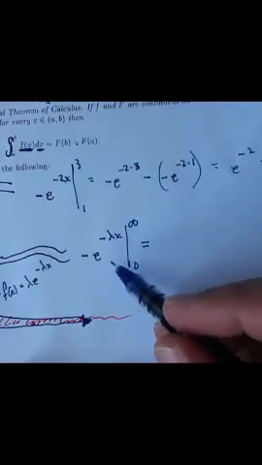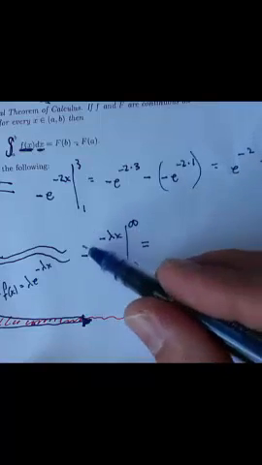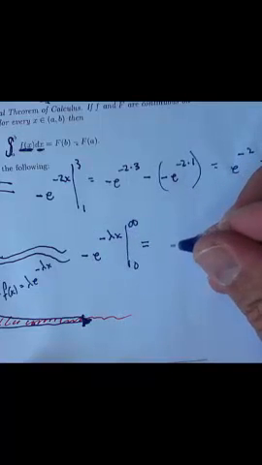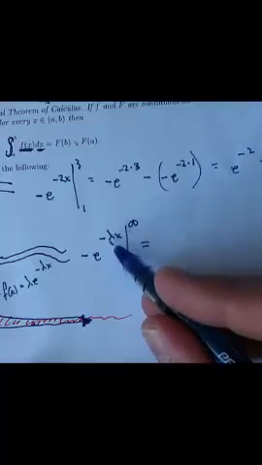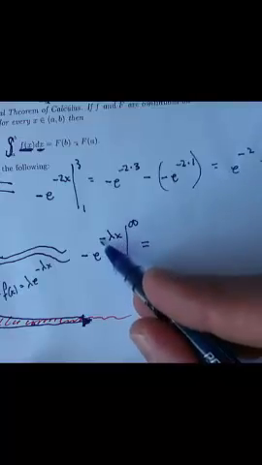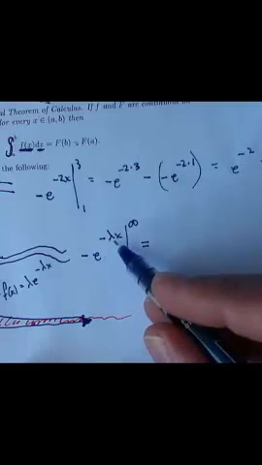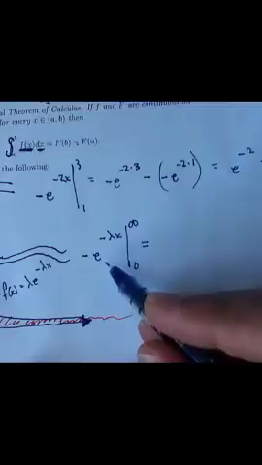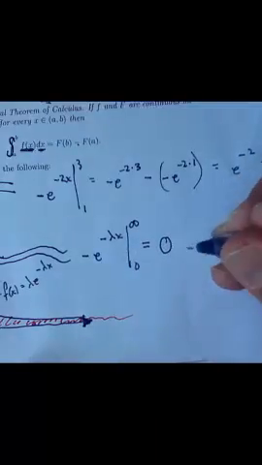So you actually want to think of this as sort of a limit. As x goes to infinity, what happens to all of this? All of this stuff gets really, really big. Negative, really, really big. This goes to negative infinity. E to the negative infinity. If I take e to a very large negative number, this is going to 0.